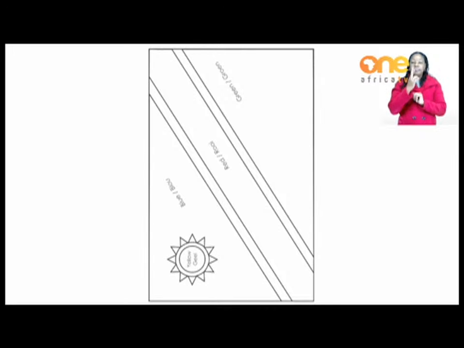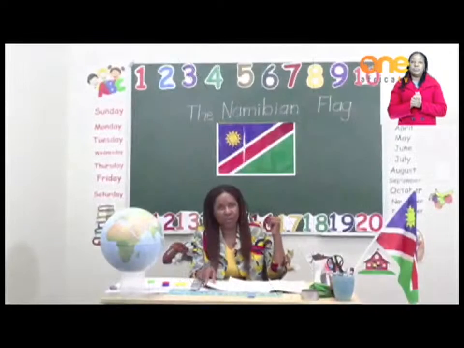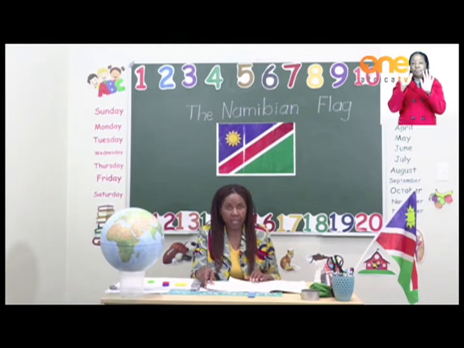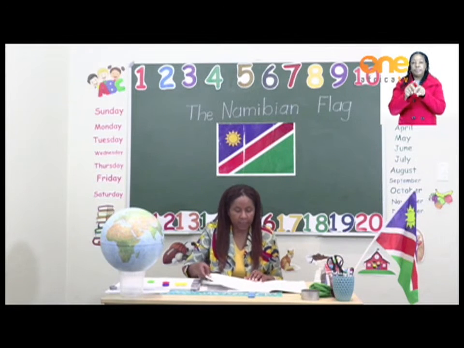And there's also a small stripe of white just below the red. We leave it as white as it is and color the other part green. As you can see behind me on the board, the Namibian flag has been shown to us, and follow the colors as you can see them.